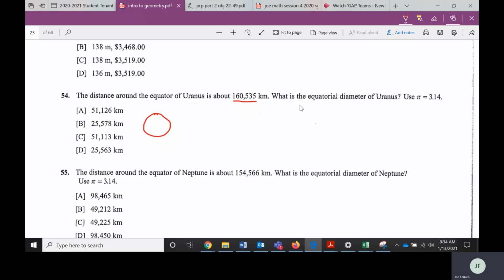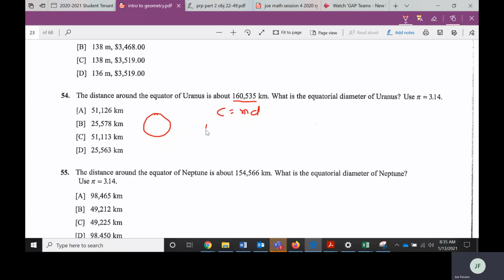Okay, so if we have a diameter, a radius, or a circumference, we are going to use the equation, or at least start with the template of the equation. Circumference equals pi d. Now we're going to fill in what we know.